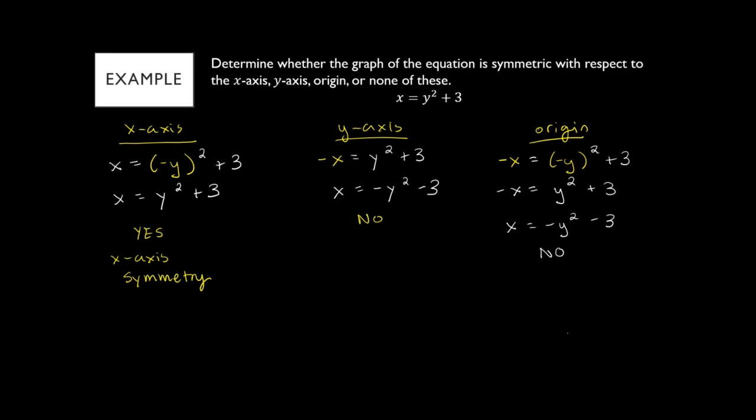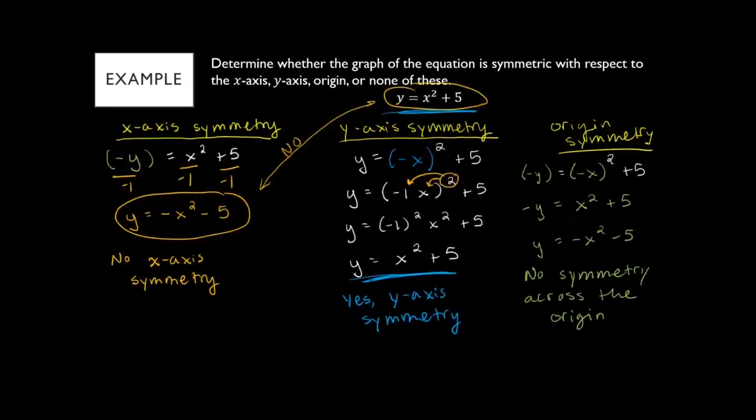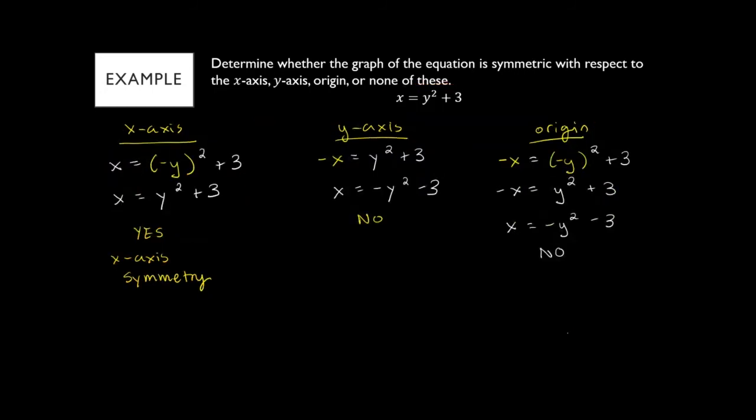So it's very similar to the previous example, and basically what you see is that the location of the variables matters, because that determined whether it was x-axis or y-axis symmetry. In the previous example, where it was y equals something with x squared, that had y-axis symmetry. In this example, it's x equals y squared, and this has x-axis symmetry.